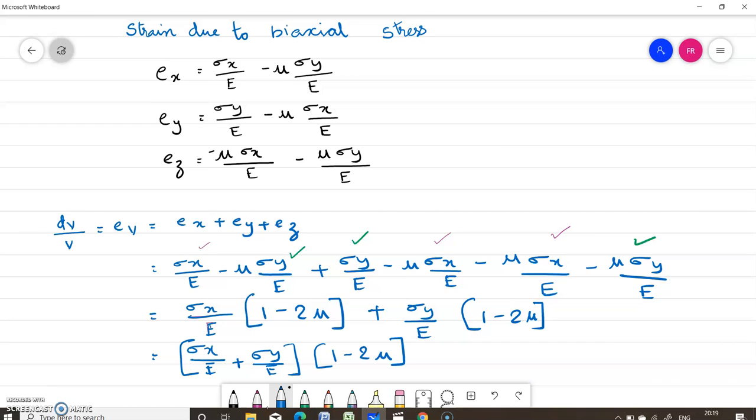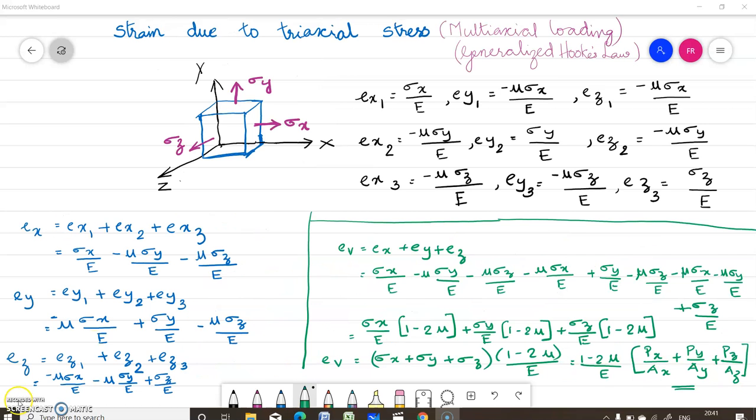That is a common factor. So if you substitute P by A instead of sigma, we can write 1 minus 2 mu by E into Px by area in the x direction plus Py by area in the y direction. This is the volumetric strain due to biaxial stress.